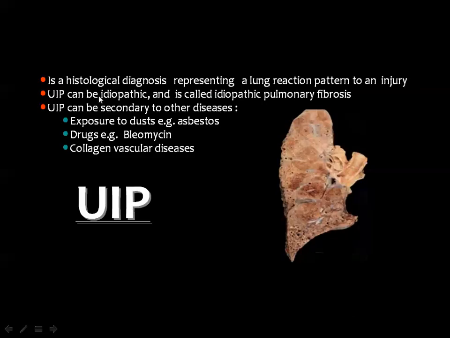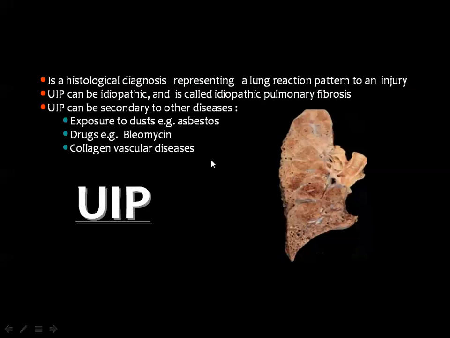Usual interstitial pneumonia is a histologic diagnosis and represents a lung reaction pattern to an injury. If this is idiopathic, it is known as idiopathic pulmonary fibrosis, meaning that if there are reticular opacities, honeycombing, and traction bronchiectasis without a known cause, then this is known as idiopathic pulmonary fibrosis.